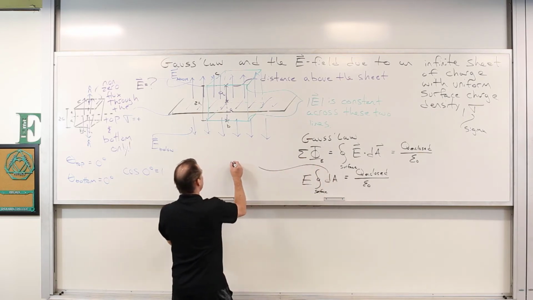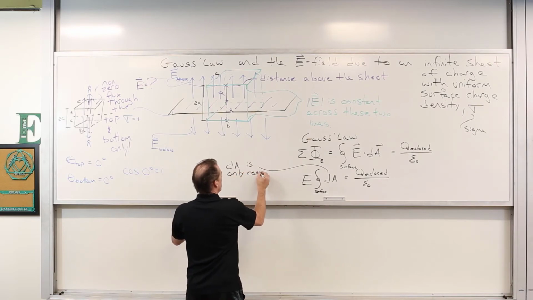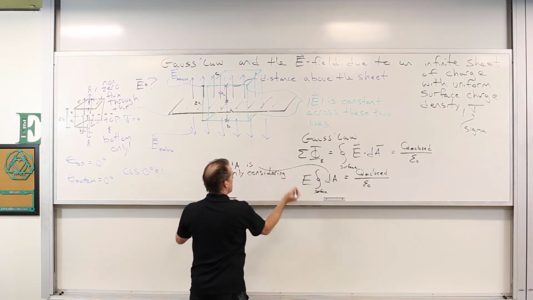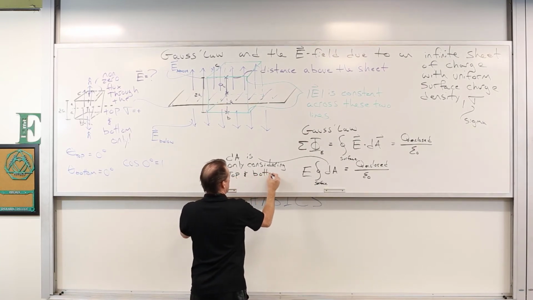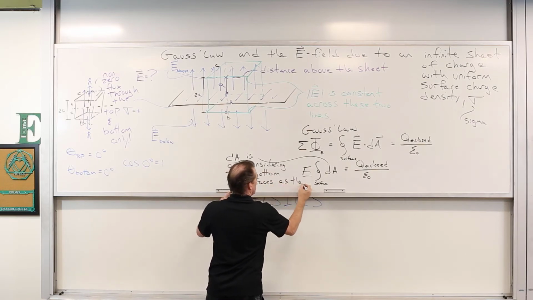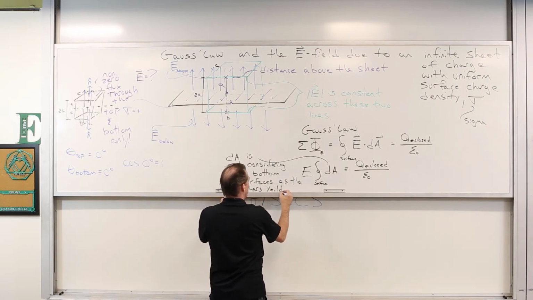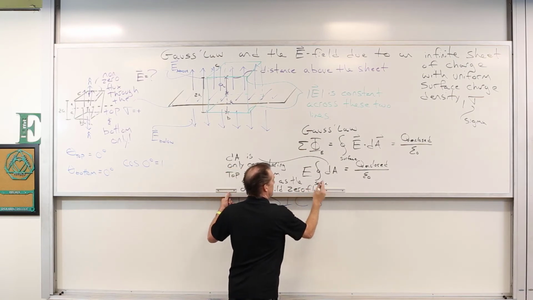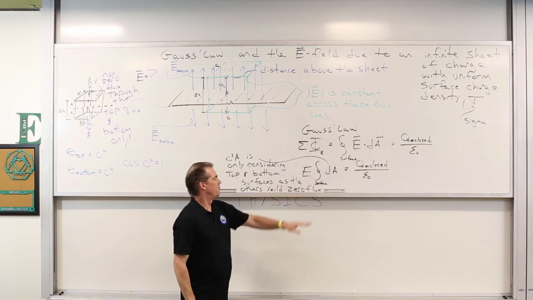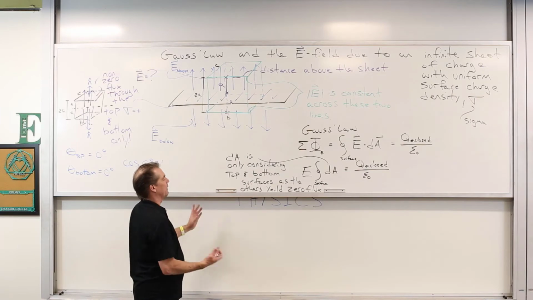This dA is only considering the top and bottom, as the others yield 0. So it's still through the closed surface, but the only non-zero components are the top and the bottom. So hopefully that's not that big of a deal there.